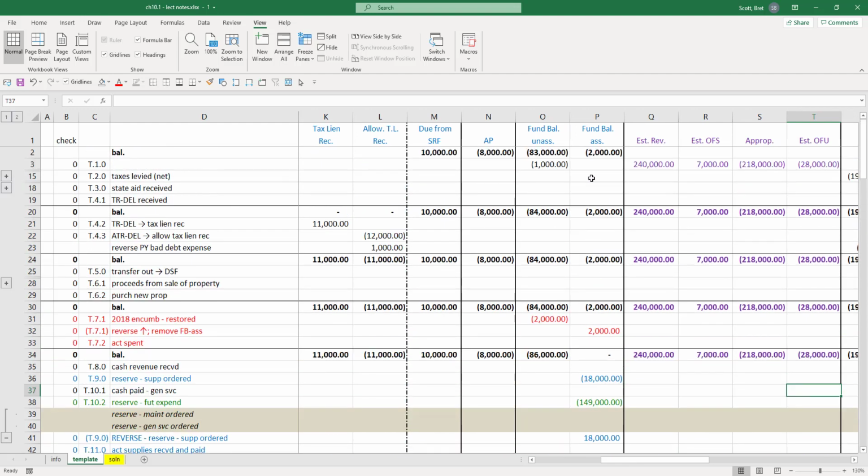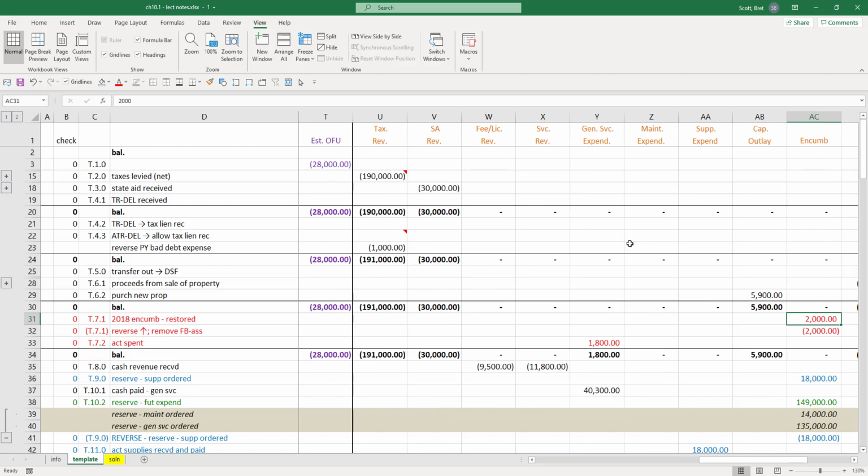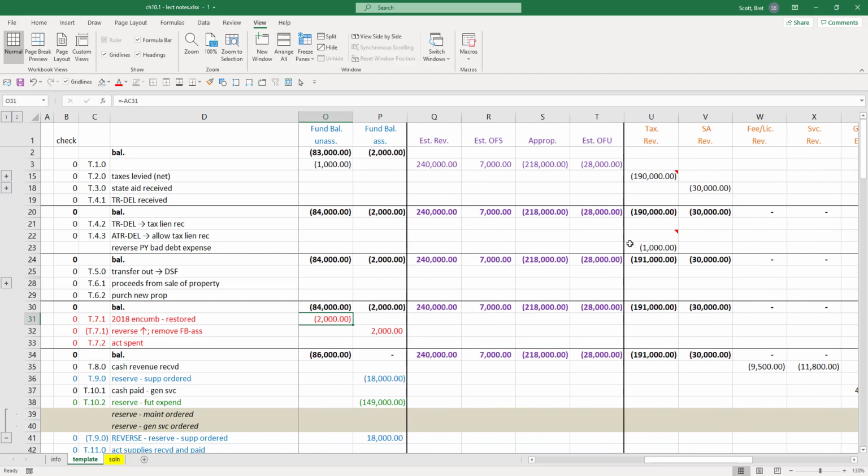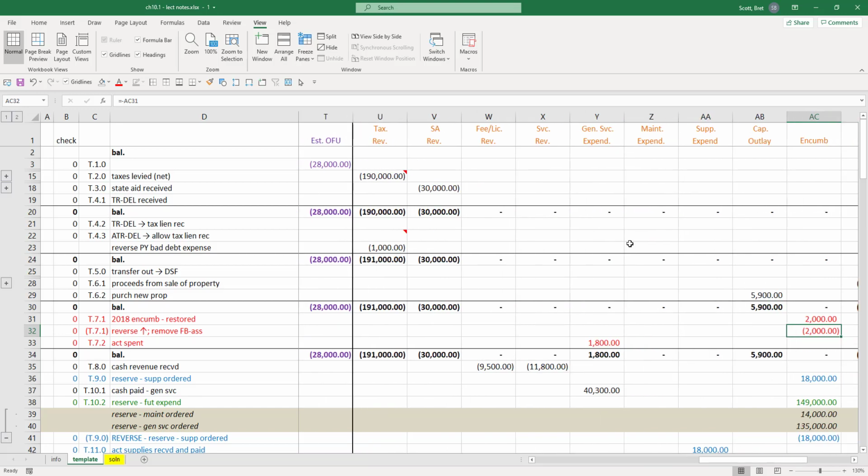Recall that we started with $2 million in the assigned fund balance. And then we had to turn around and do this weird sort of thing: recognize the encumbrance for $2 million, debit the unassigned, credit the encumbrance. Remember that from rows 31 and 32? Well, this is something similar to what's going on in 2019.